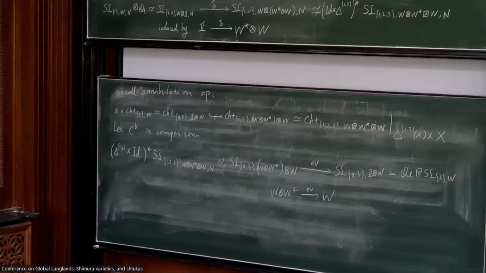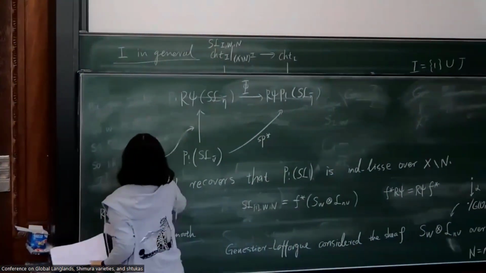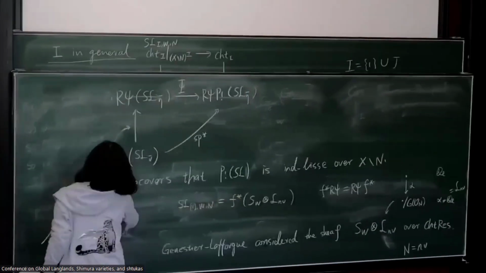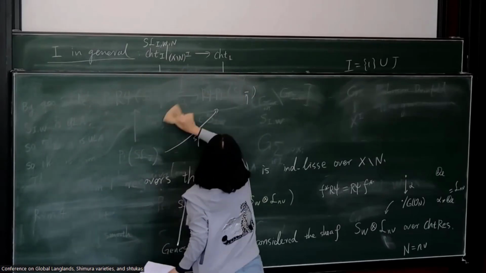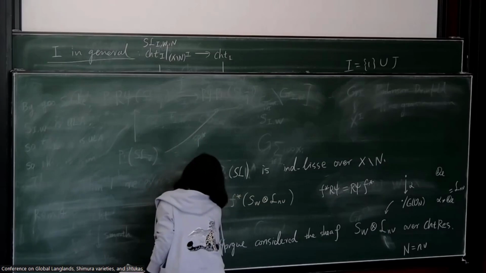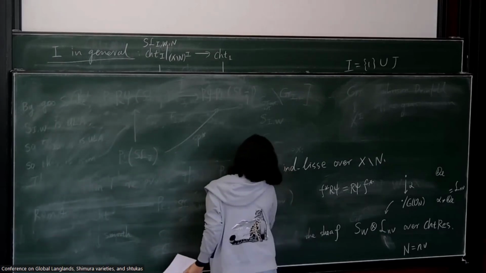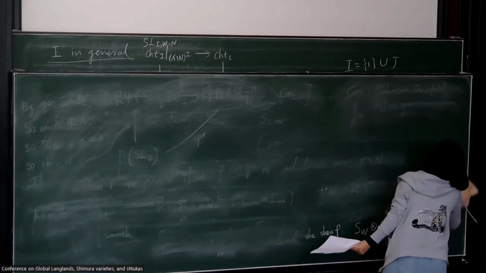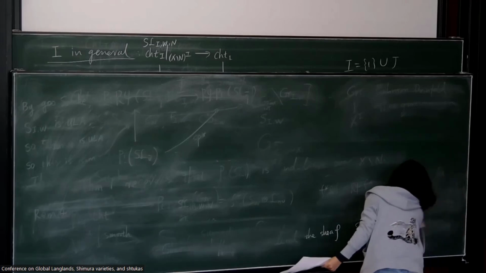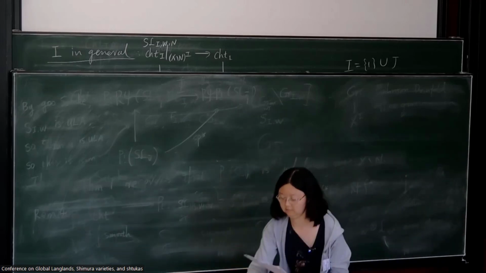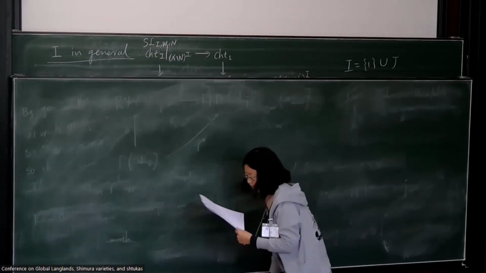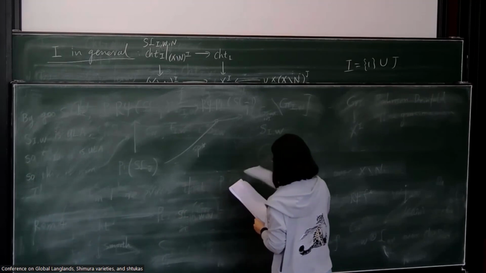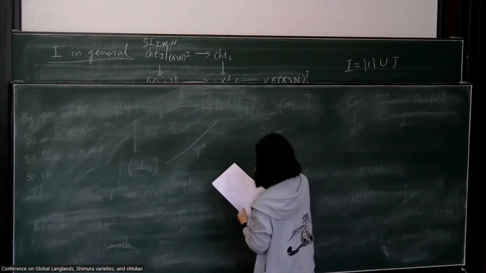And now using this, we can construct the reverse sense of the map for phi.